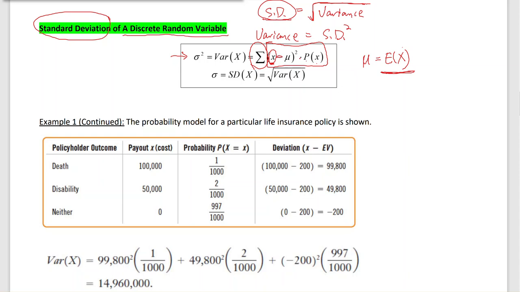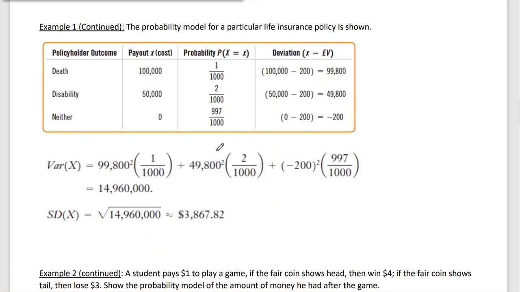Then you do it one by one, and at the end you sum all the outcomes to get the variance. Once you have the variance, you can take the square root of the variance to get the standard deviation.